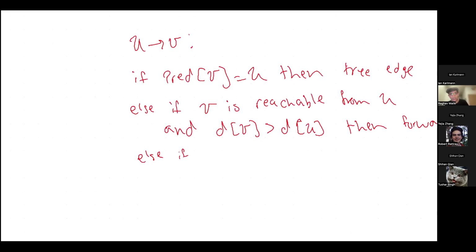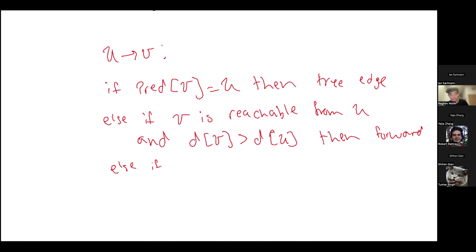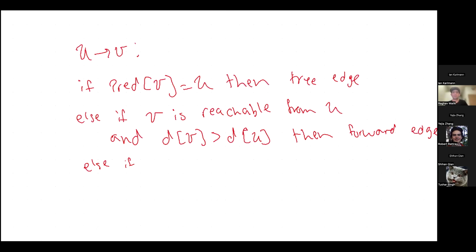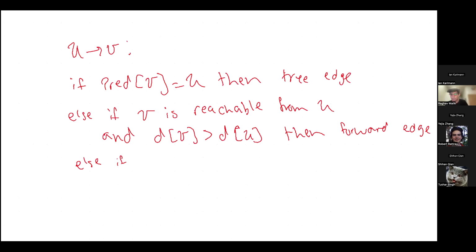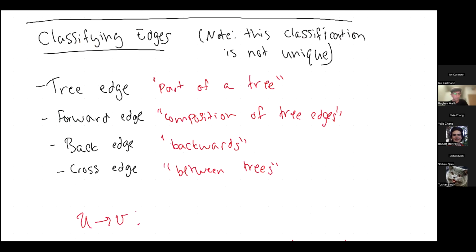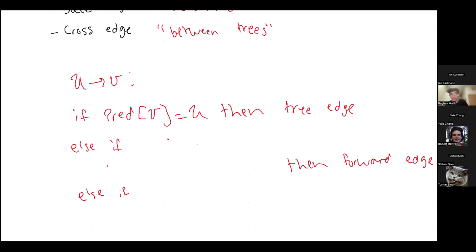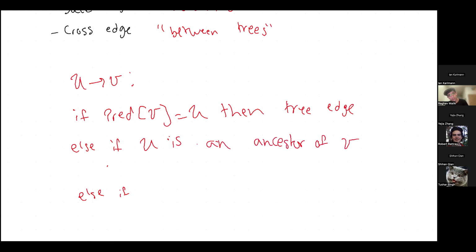Else, well, it's always going to be reachable, right? Maybe the thing I want to say is if U is an ancestor of V in the tree, it's a forward edge.